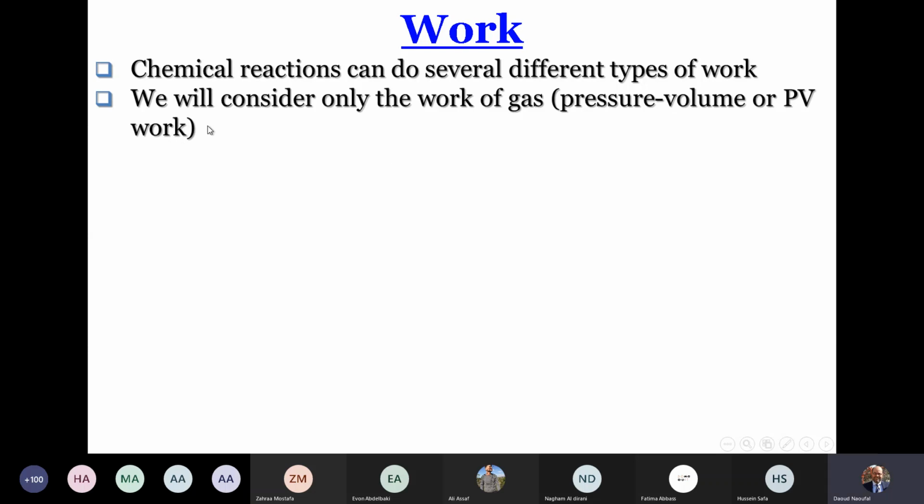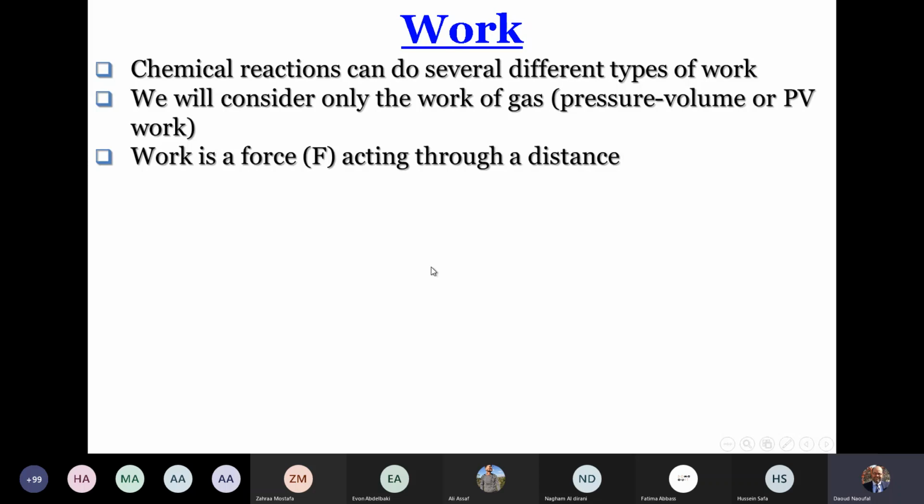In the physical transformation, we will also consider the work of gas. The gas is characterized by a pressure and volume, so we will talk about the pressure-volume work. The work in the physical transformation is related to the pressure and to the volume.